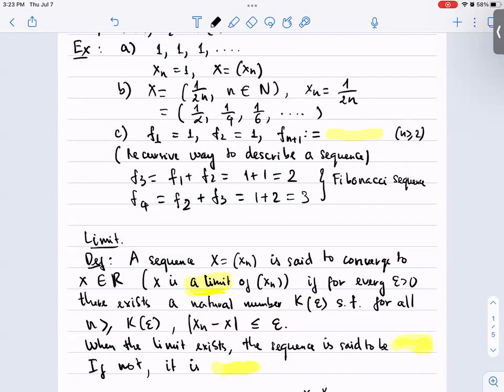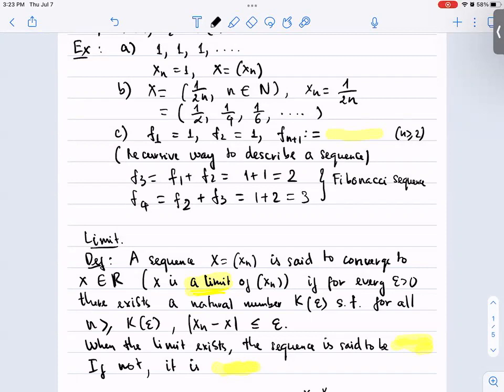Also, a sequence can be given in a recursive manner. For example, you have the following sequence. F1 equal to 1, F2 equal to 1.